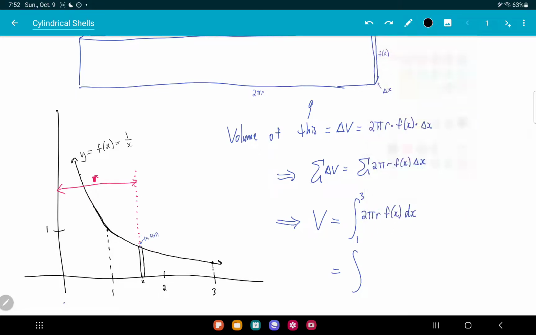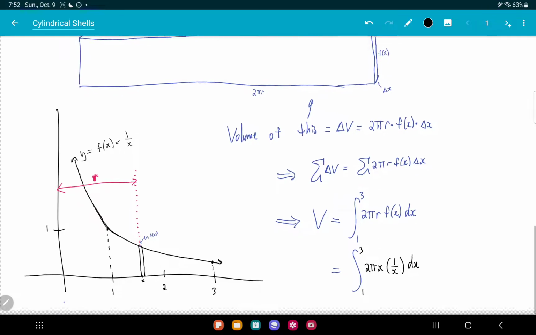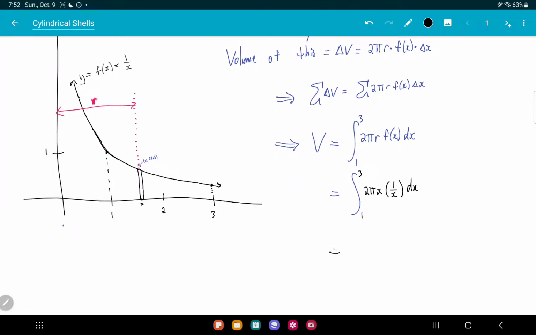So I'll plug that into my integral. Get 2 pi x. And the function we'll remember is 1 over x. And in this case, we get a nice integral that simplifies very nicely.